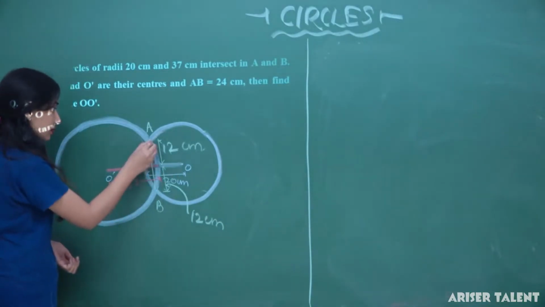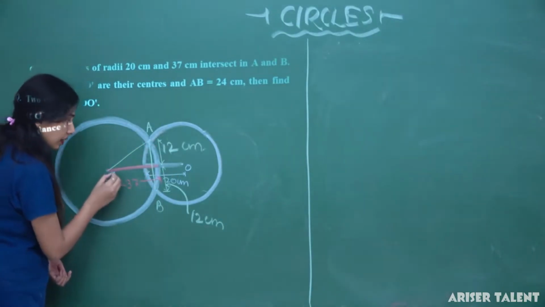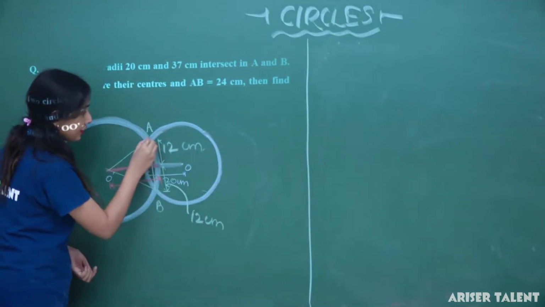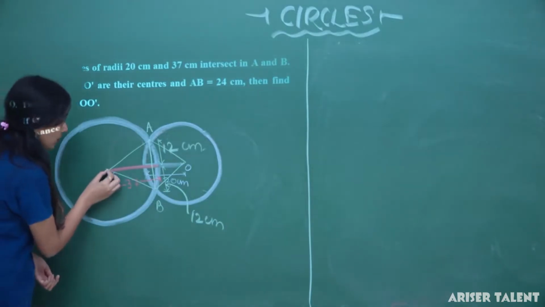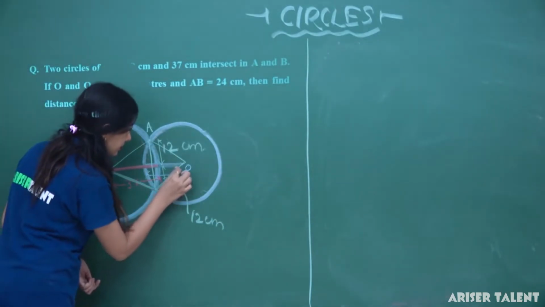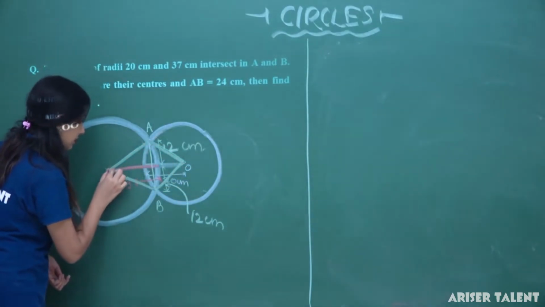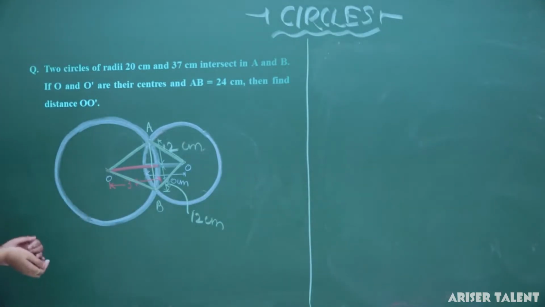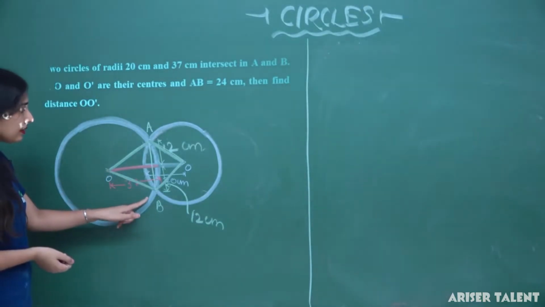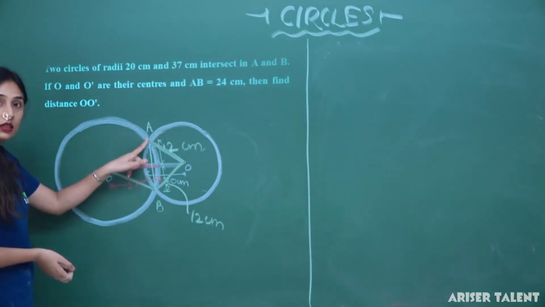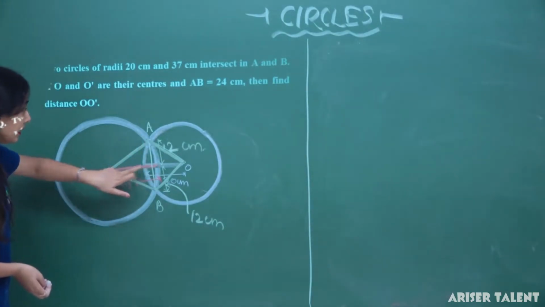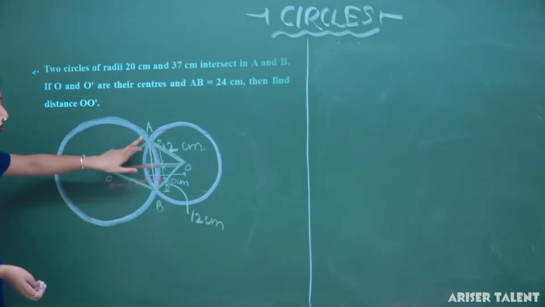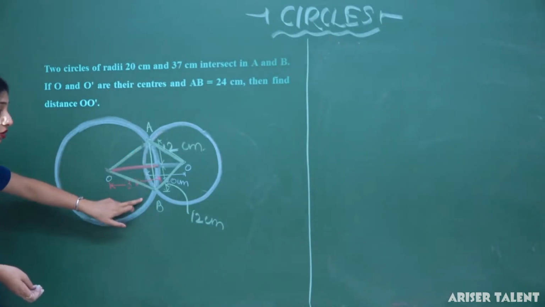Now can I have this construction over there? Okay, so I can darken it. Now this is the radius, this is the radius. If these two are radii, then this equals 37, and this will also be 37.